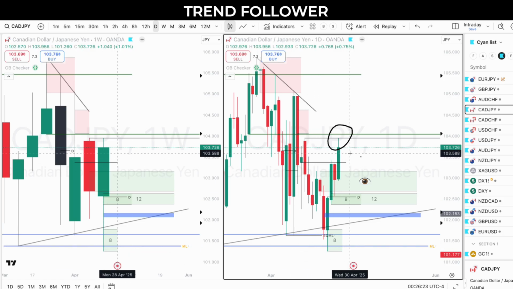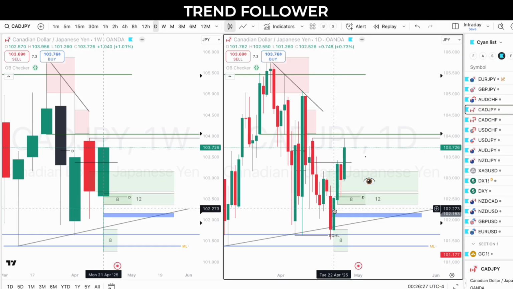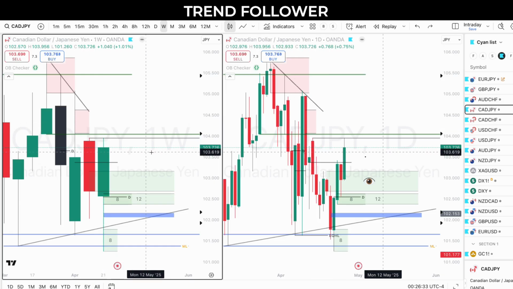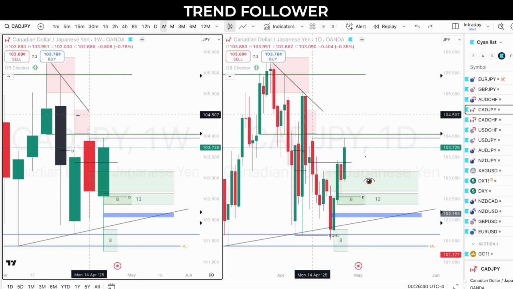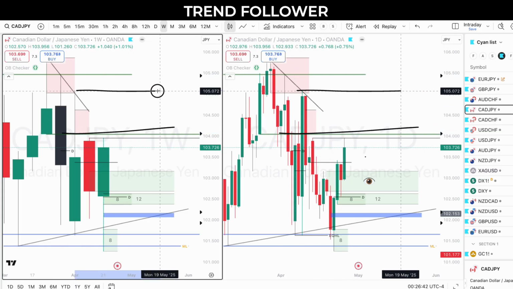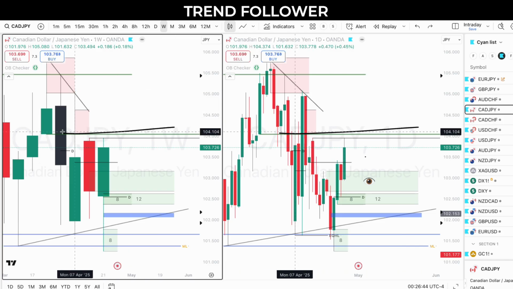Canadian dollar CHF is something which I believe you can play both sides because it's one of the names which doesn't have an up close candle on weekly. You have equal highs, you have weekly supply here, weekly block here.